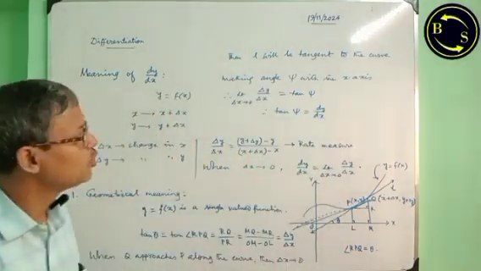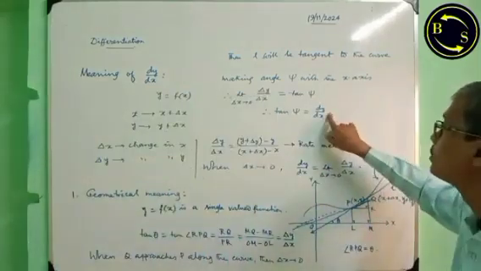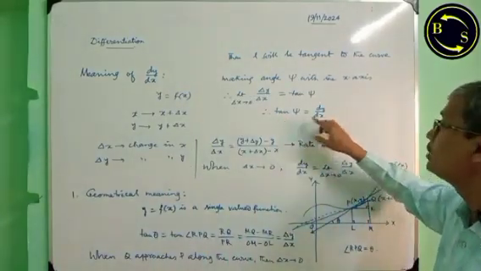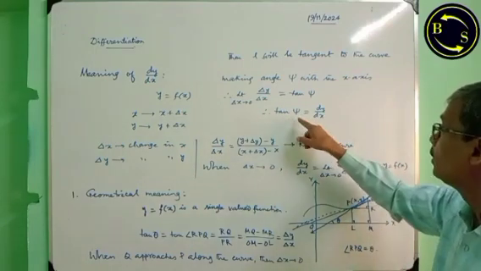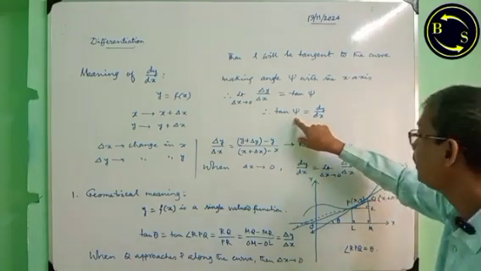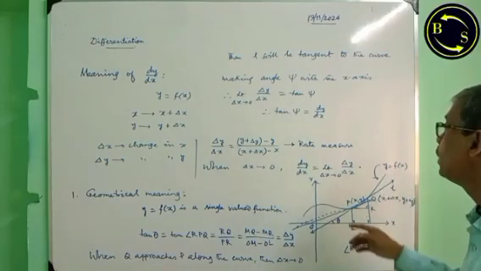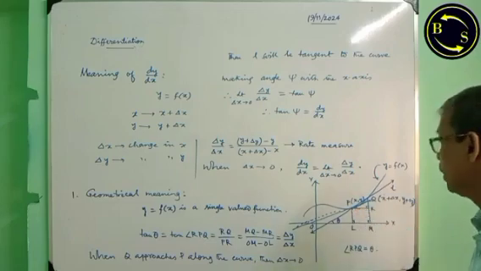Thus we get the geometrical meaning of the derivative: dy dx is equal to tan psi. That means dy dx is the tangent of angle psi which is made by the tangent to the curve y equal to f of x at the point P (x, y).